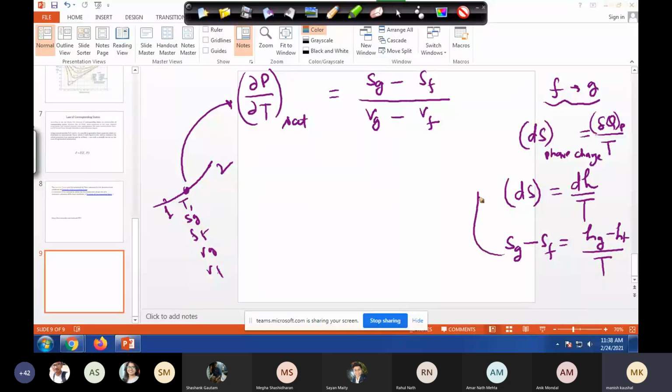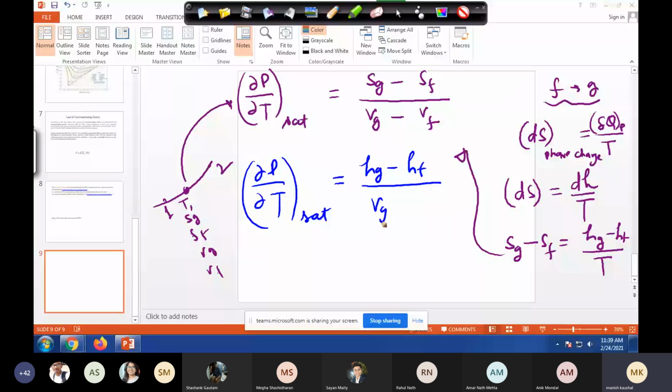So using this, what we will get is as follows: dou P by dou T at saturation temperature is equal to Hg minus Hf over Vg minus Vf, times 1 by T. So this is the main relation.